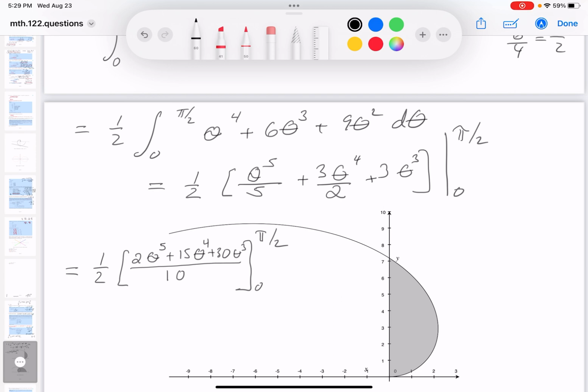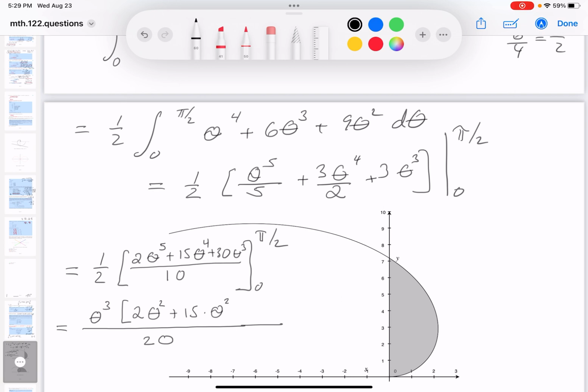The first thing I notice is that it's now 20 on the bottom. 2 times 10 is 20. What I'm going to do now is factor out theta cubed. And what are you left with then? 2 theta squared plus 15 theta plus 30.